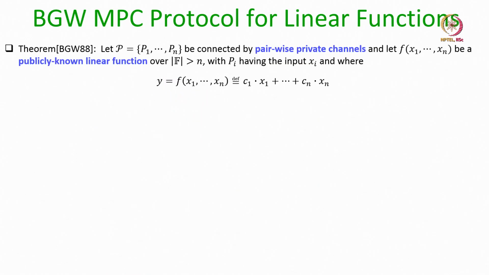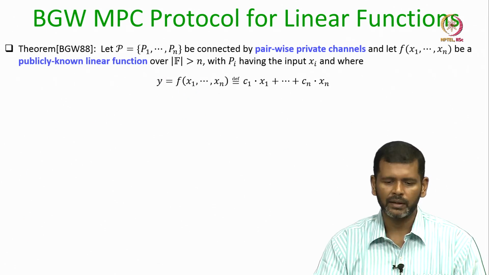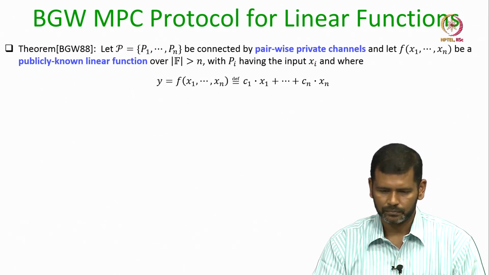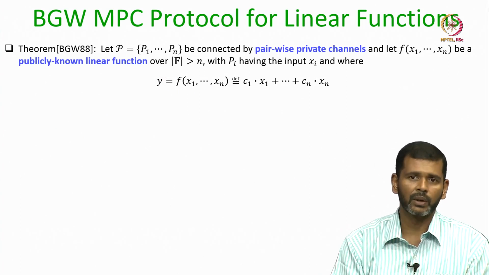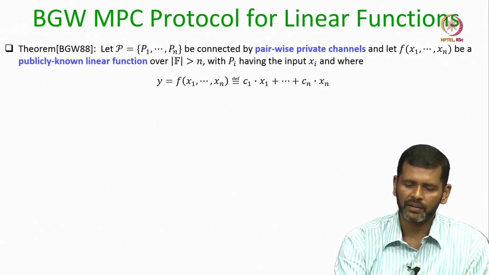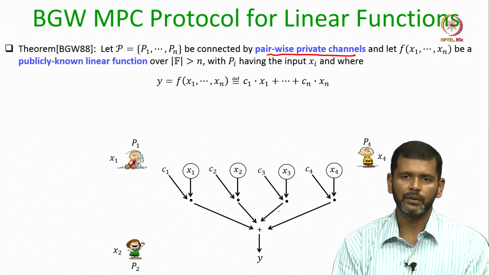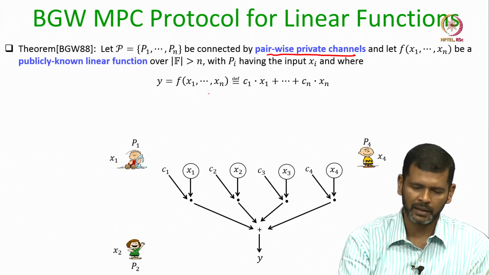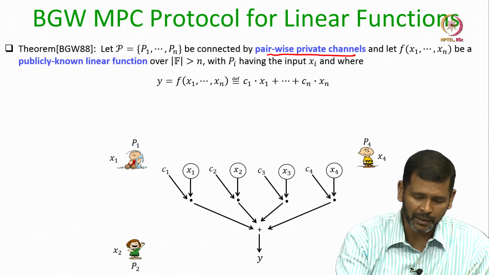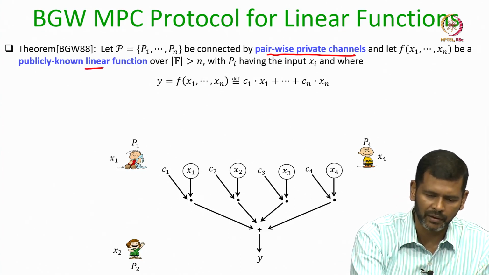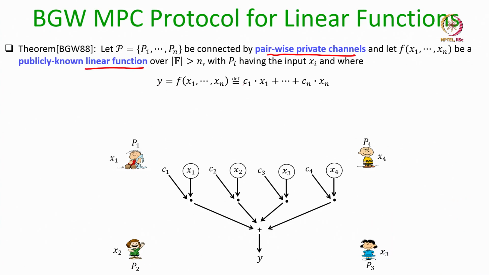Now, by exploiting this linearity property, we can quickly get the following result. Imagine you have a set of parties connected by pairwise private channels, and imagine you have a function which is a linear function over the field, namely the function is of this form where C1, C2, Cn are publicly known constants, and this function is represented by the following circuit.